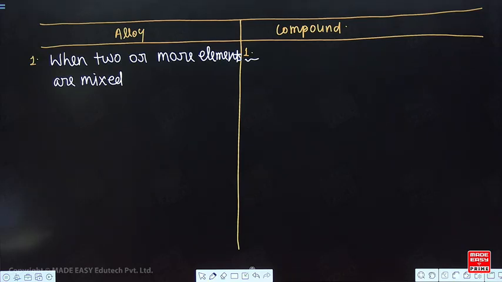In compound, weight percentage of components is fixed. Next point.